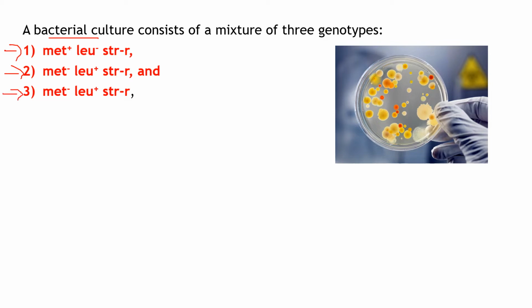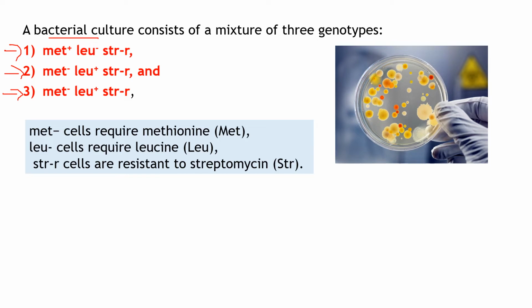What are the similarities and what are the differences? The similarities are here. All of them will have a streptomycin gene, so all of them will be resistant to streptomycin. They will survive if the media has this antibiotic that will kill all the other bacteria.